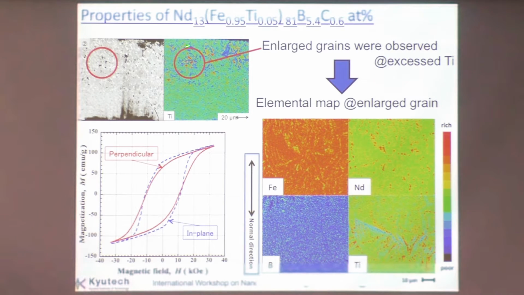You can see the enlarged grain in this area. So enlarged grains were observed with excess titanium addition. This is the elemental map around this area. You can see the poor titanium distribution around the enlarged grain.